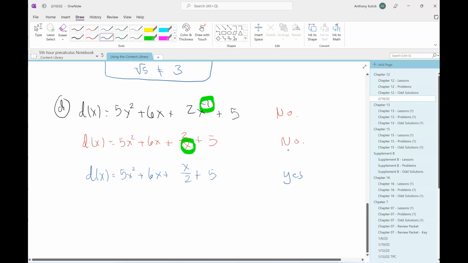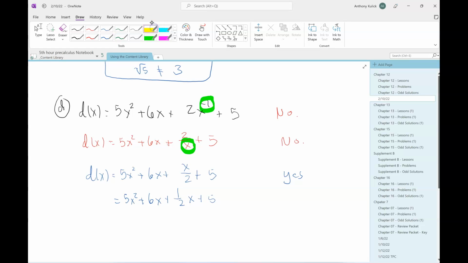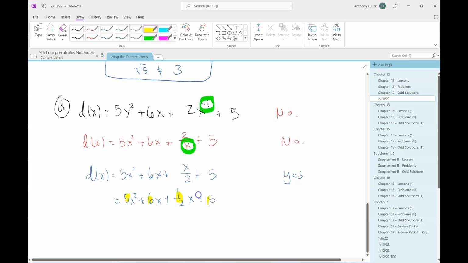What the heck is the difference, right, Mr. Kulik? Well, if you think about it for a moment, you can rewrite this as 1/2 times x. So really all you have is real number coefficients multiplied to a variable, and then the terms are added or subtracted. It's no problem.